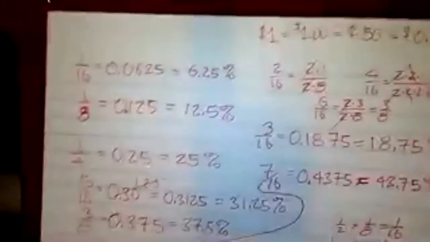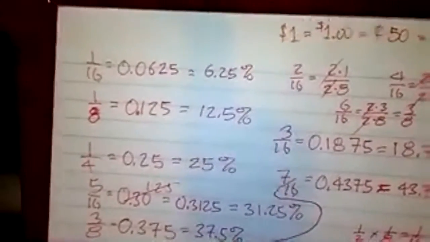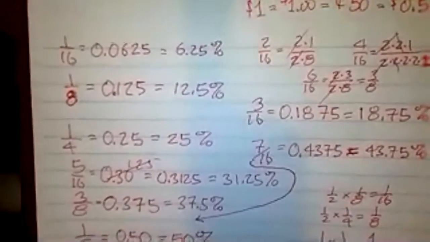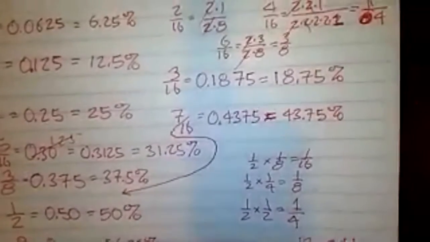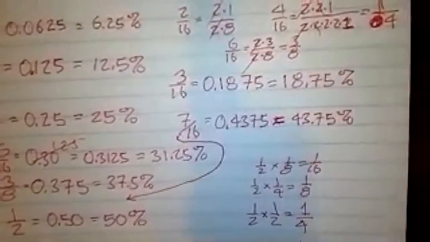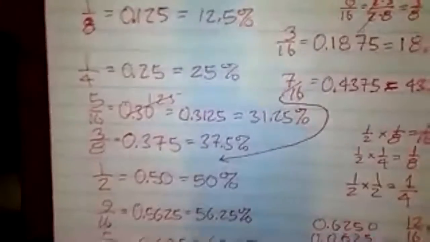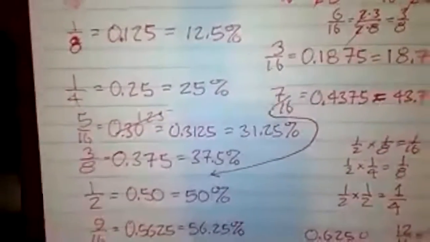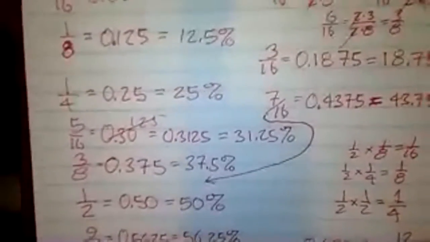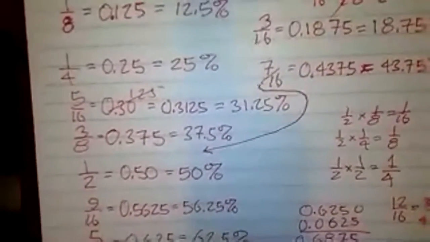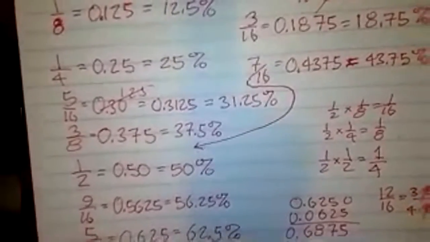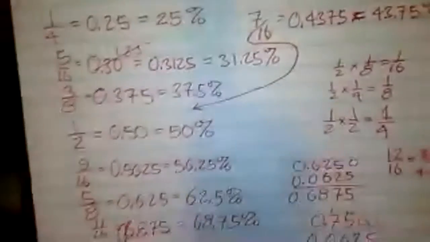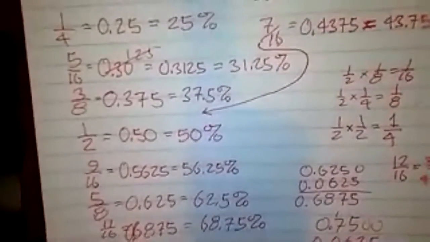So for instance, we got that 1/16 is 0.0625. 2/16 is 1/8, which is double that, so it's 12.5 cents. 3/16 is 0.1875, or 18.75. 4/16 is 1/4, so that's also 2/8, which is 25, like 25 cents, so it's 0.25 or 25%. 5/16 is just adding another 0.0625 to the last one, and I got 0.3125, which became 31.25%. Then 6/16 is 3/8, and that gave me 37.5%.